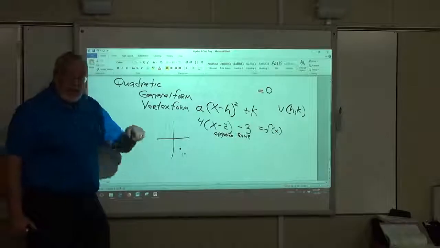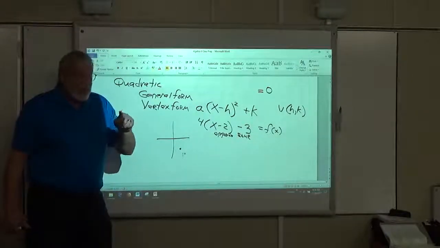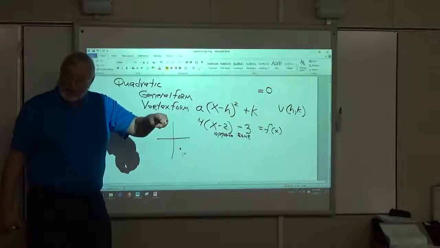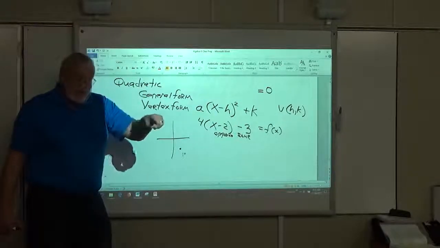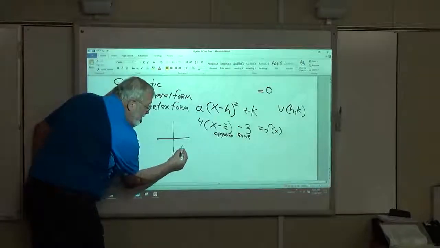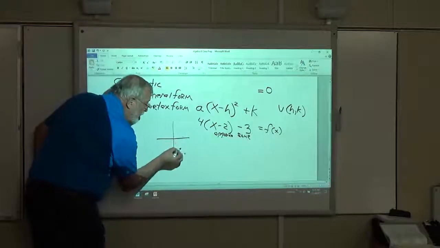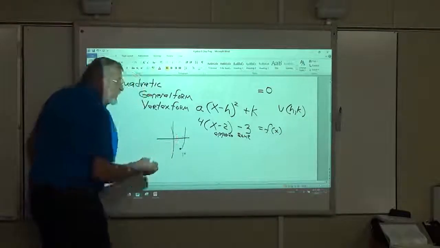And so from here, you would go over 1, up 1, over 2, up how many? 4. Over 2, up 4, because 2 squared is 4, right? So we would have, and that graph would look like this.